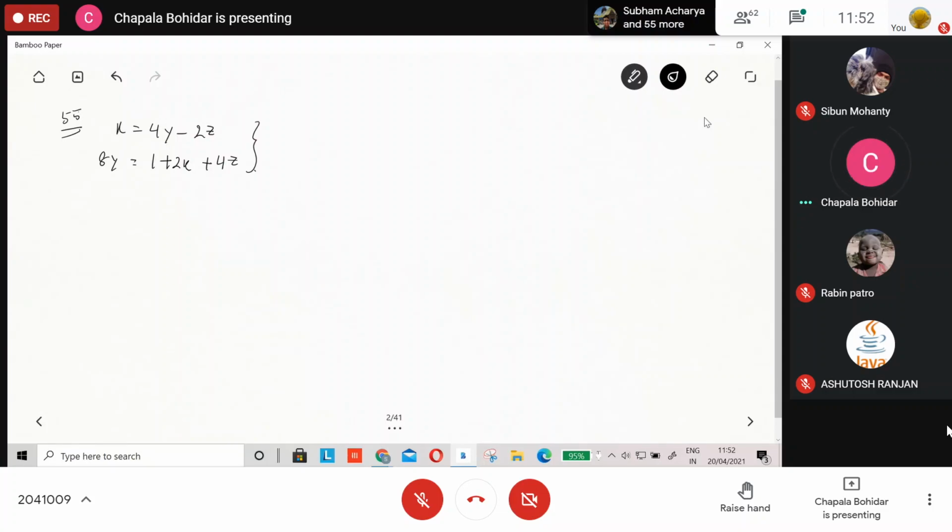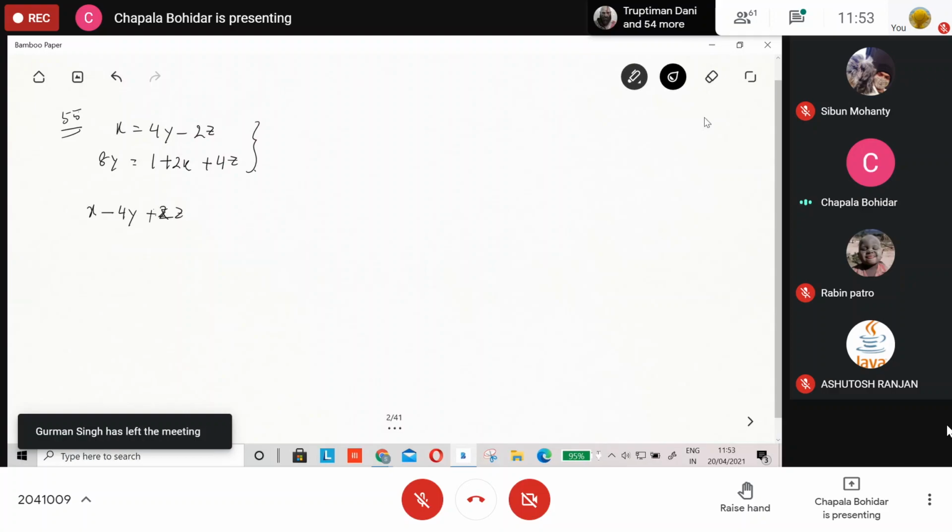Are they parallel or not? They are parallel. The first plane is x minus 4y plus 2z equal to 0.